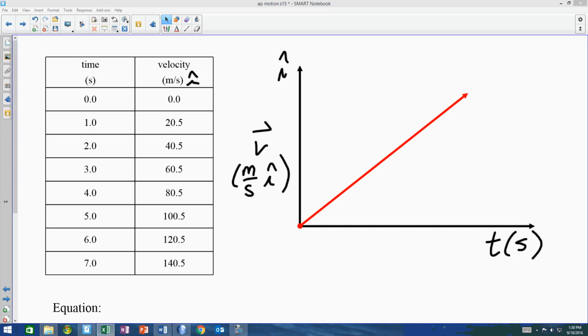Remember to do your trend lines. So you're going to add a trend line to the data. And again, if you click on more trend line options, then you can add in a line of best fit.